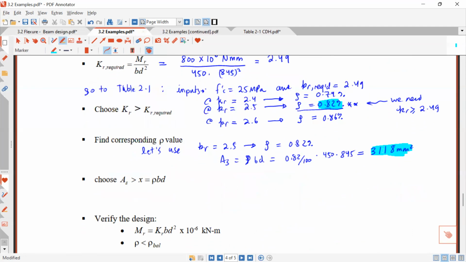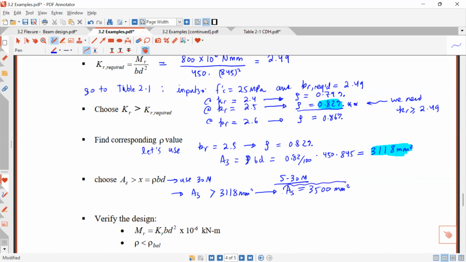Okay, what are we going to do next? We're going to choose the type of bar. Here we're going to use 30M, and so we are going to choose an AS which is larger than 3,118 millimeters squared. Here that means we need 5 30M bars. That gives me 3,500 millimeters squared. What's left? We need to calculate the actual KR that corresponds to this, like we did in the previous two examples.